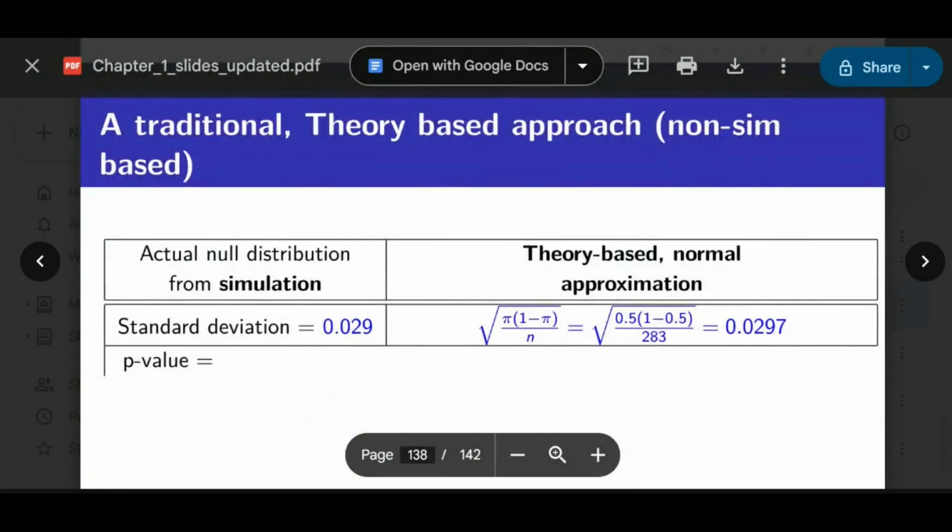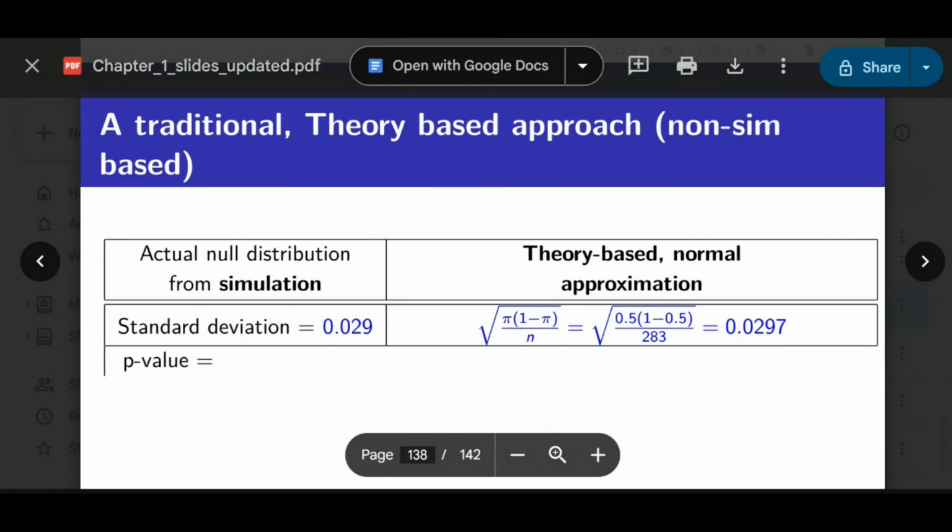Let's calculate how good the theory formula is in approximating this standard deviation. If you use this formula correctly, this case was a pi equals 0.5 case. I'll tell you the background of the study. We didn't have time to go over what the data was. It was basically someone wanted to see, at Halloween, people would go trick-or-treating and all that.